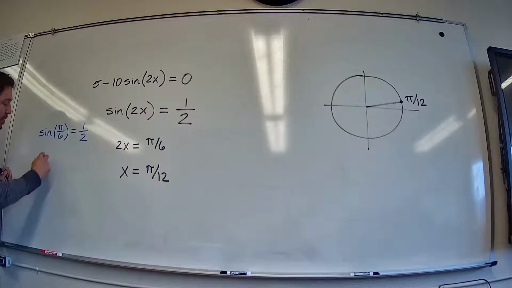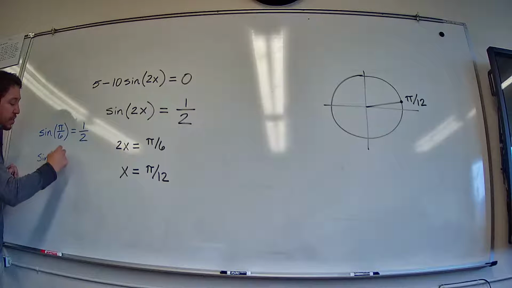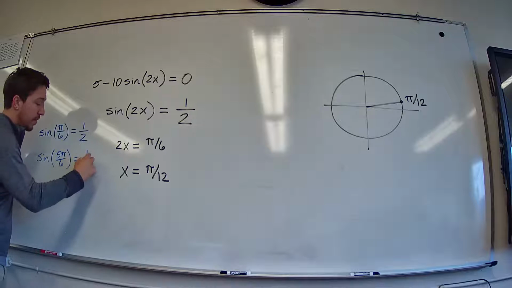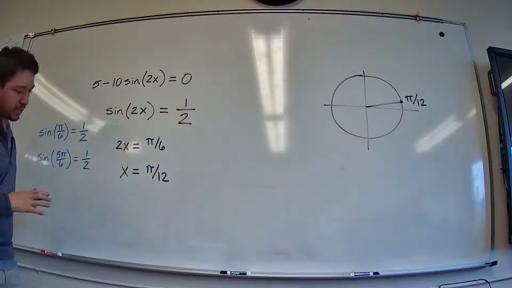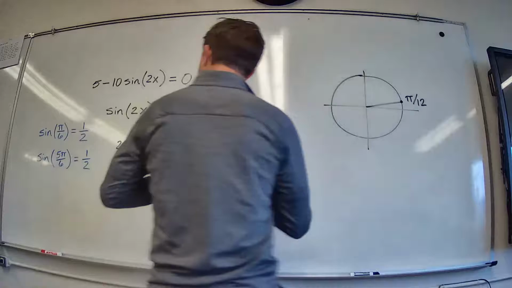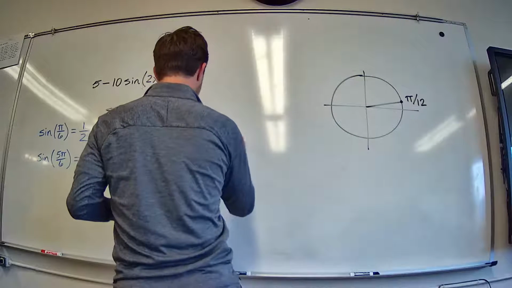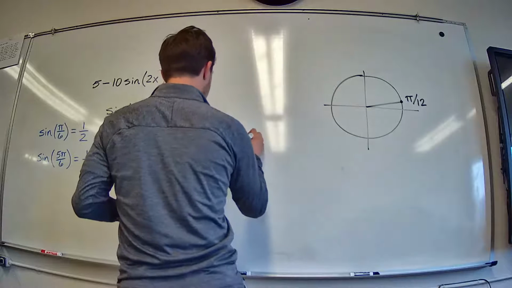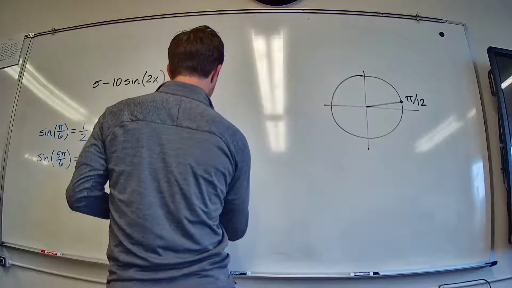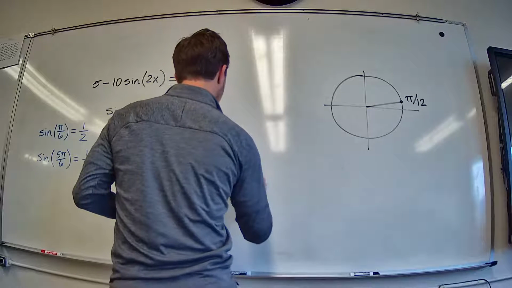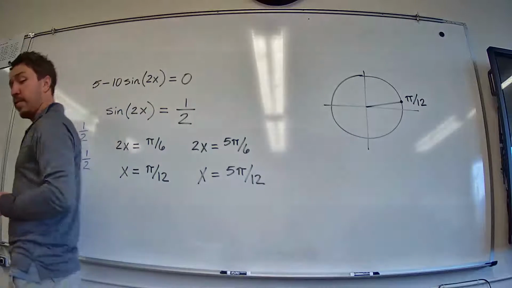It's also true that the sine of, what's another angle that has a 5? 5 pi over 6? Very good. That would also equal 1/2. Okay, so then I could use the exact same logic and say, well, it could also have been the case that 2x was equal to 5 pi over 6. And what solution is that going to produce? 5 pi over 12.